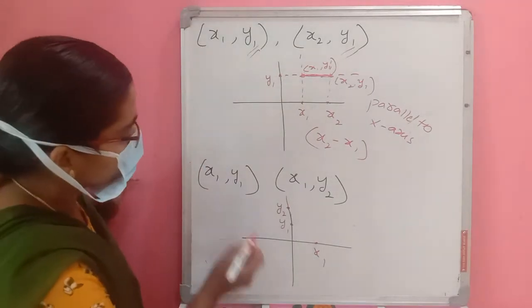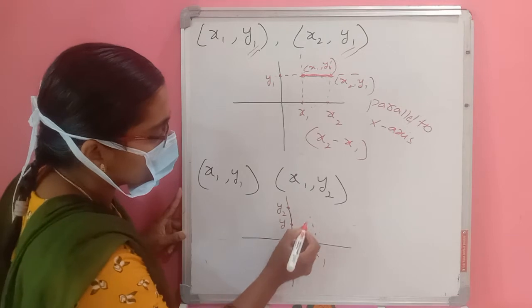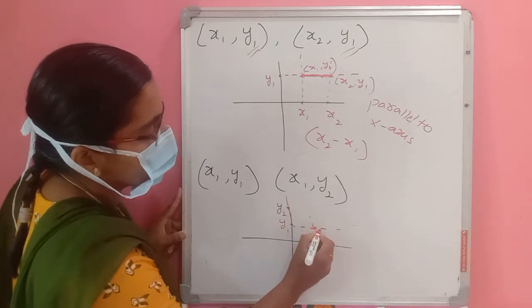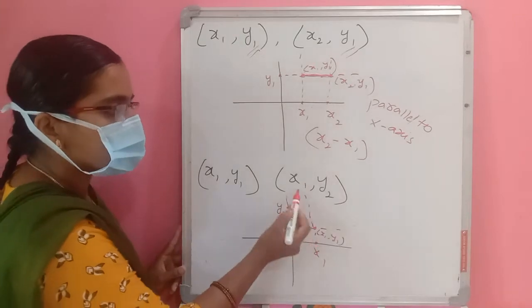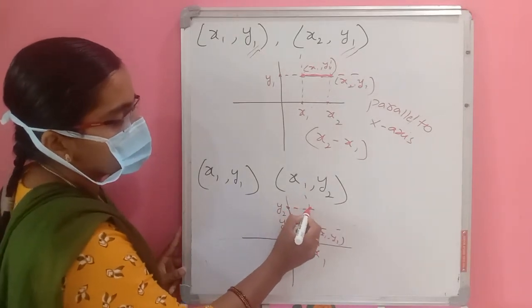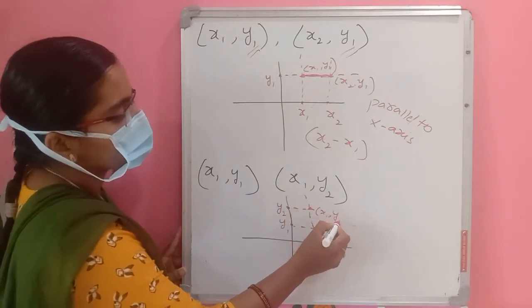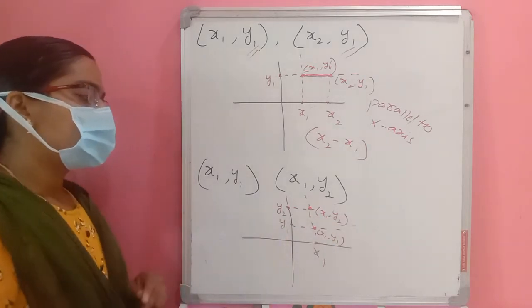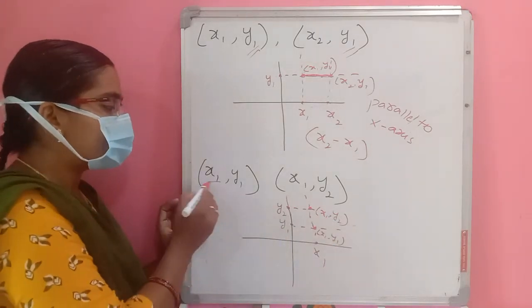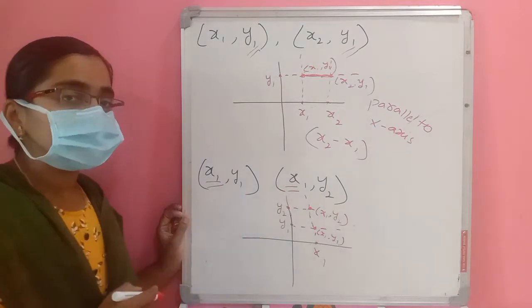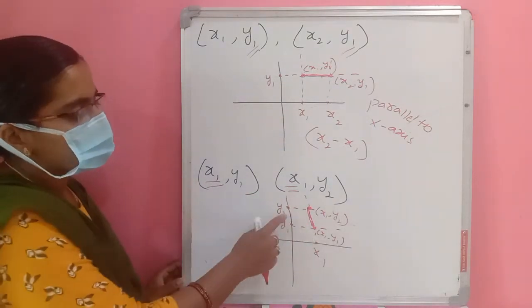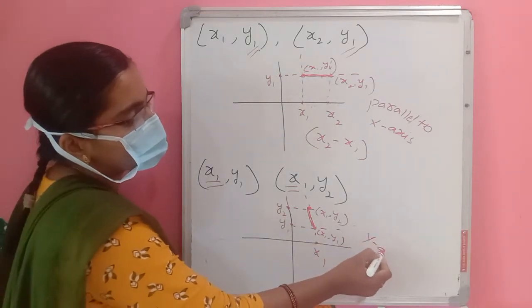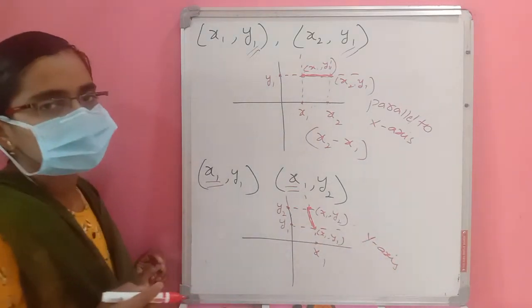If you take the point x1 y1 and next x1 y2, so when x is constant, the line joining these 2 points is always parallel to the y-axis.